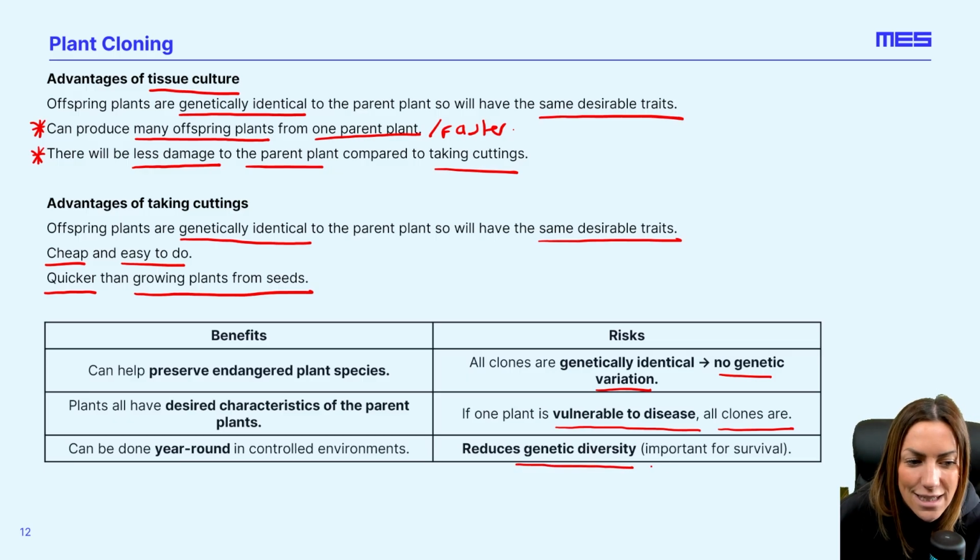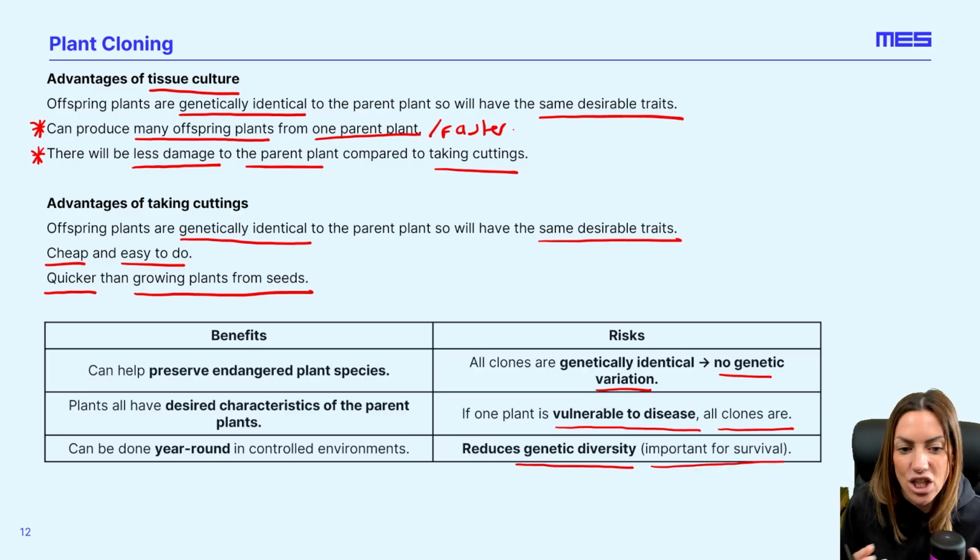We know that genetic diversity is important for survival because if you've got genetic variation, it means some plants would be more likely to survive, reproduce, pass on their genes. If we've got reduced genetic diversity, you don't have as much scope for natural selection. So they could potentially all be killed if the environment changes, or all be killed by a new disease. So reducing genetic diversity or just creating genetically identical plants is not good for survival of the population in general.